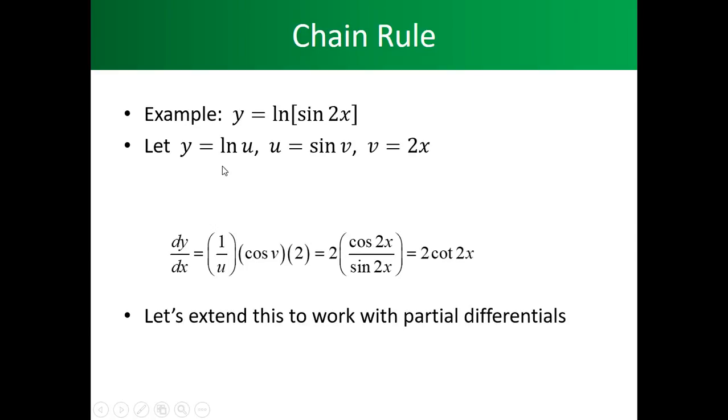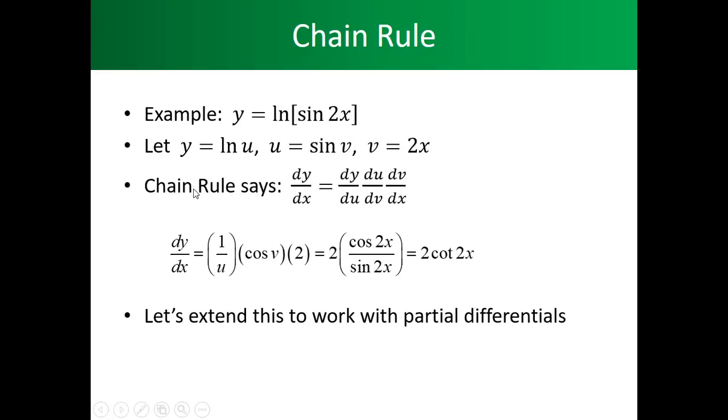So let y equal the natural log of u. So we're going to substitute all of this, which is sine of 2x, and we just write it as the sine of v, and then we're going to take v and break it down into 2x.